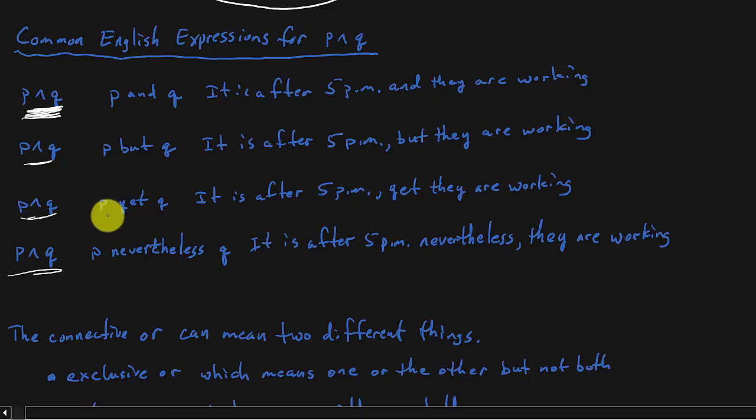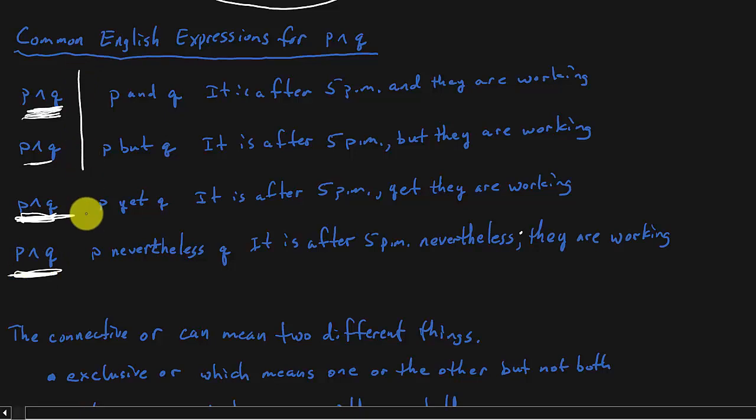And then you also have P yet Q. It is after 5 p.m., yet they are working. So that could be written like this symbolically. And then you also have P nevertheless Q. It is after 5 p.m., nevertheless they are working. That can also be expressed symbolically as P and Q.